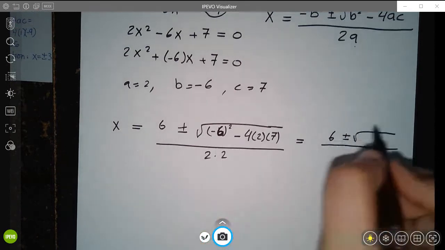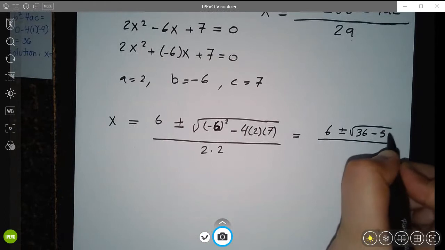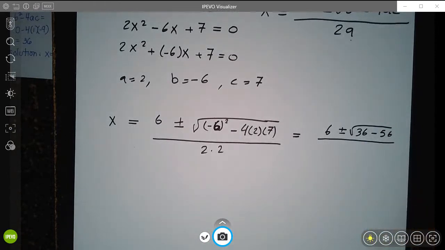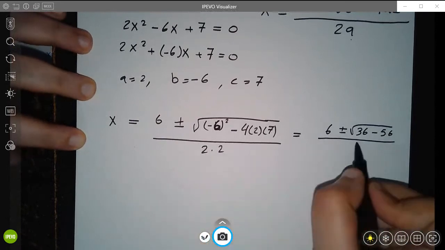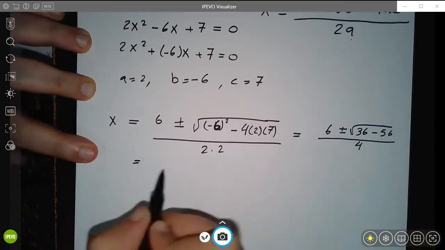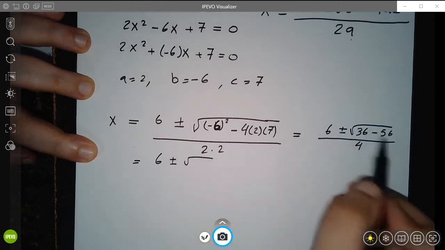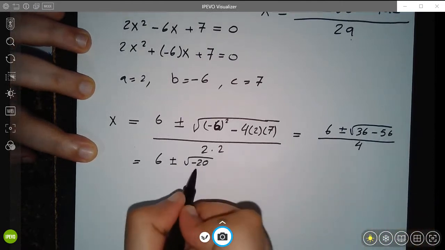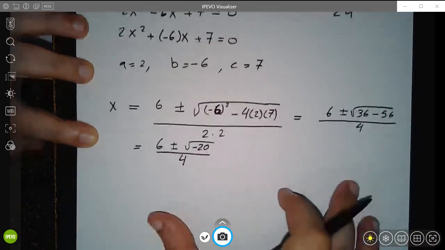So we have positive 36 minus 56. So you get negative 20, that's right. And on the bottom you have 2 times 2, which is 4. So that means we have 6 plus or minus the root of negative 20 over 4. Yeah?